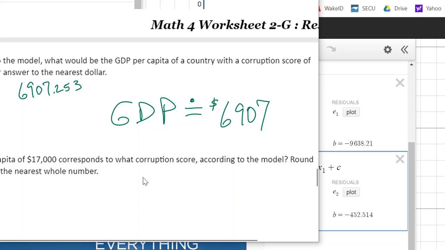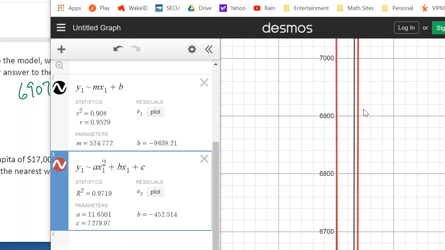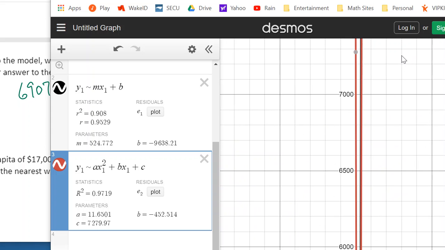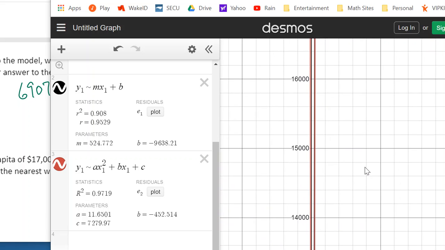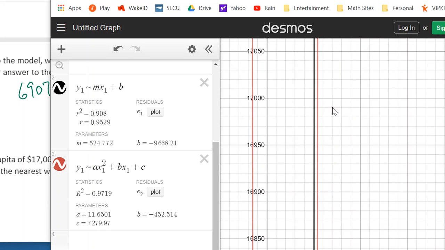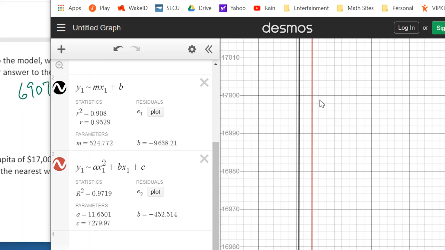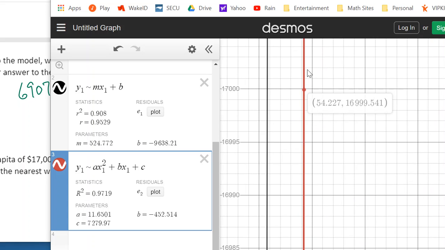Now, when the GDP is 17,000, that was the Y value, what would X be? If the Y is 17,000, that means we're going way up the scale. 17,000 is up here. And the linear and the quadratic are close to each other on one side of the quadratic. So I'm going to zoom in, and there's 17,000.352.